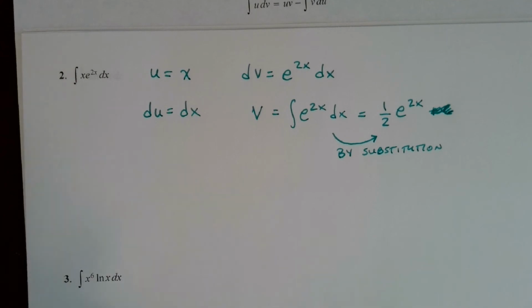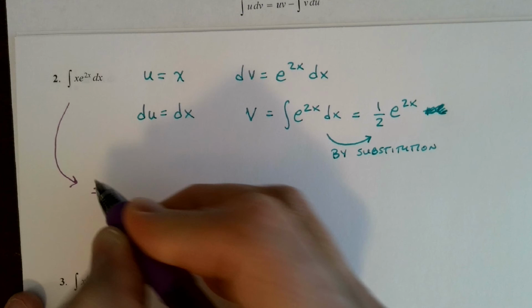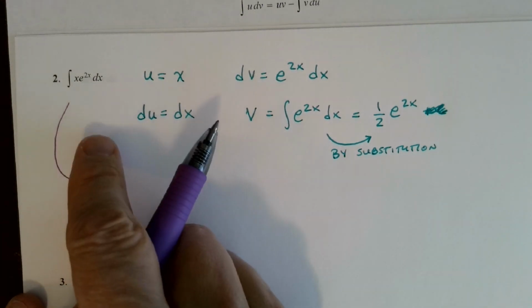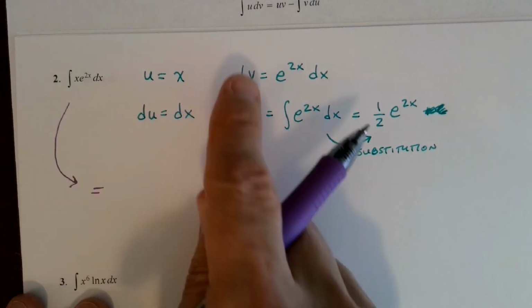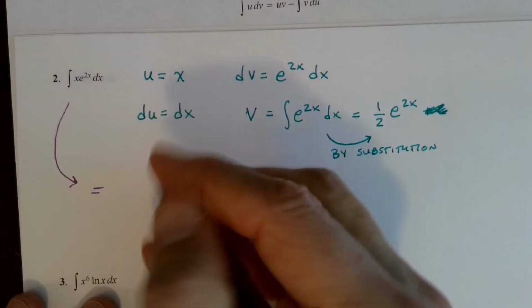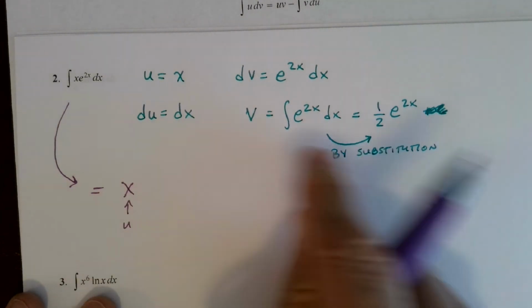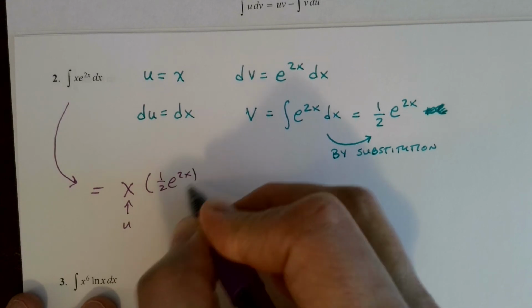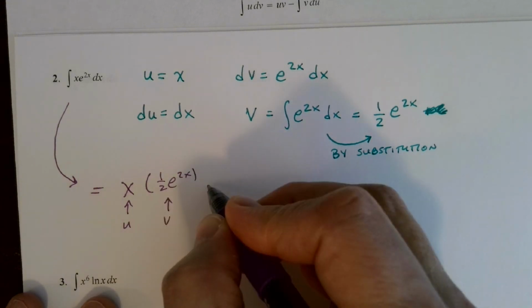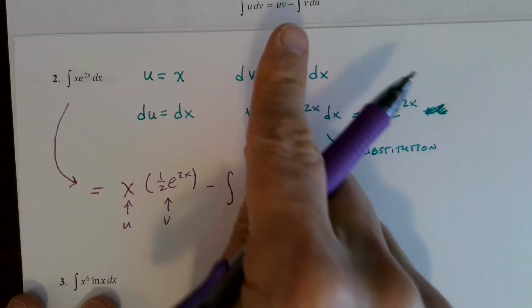Okay, so now we're ready to put everything into position. The integral of u dv, right, this is u dv, is u, which is x, so that's the u, v, which we just found is 1/2 e to the 2x, that's v, minus the integral of v du.